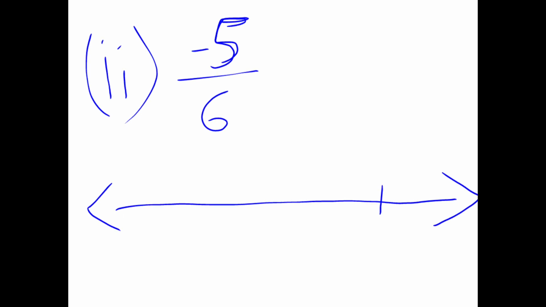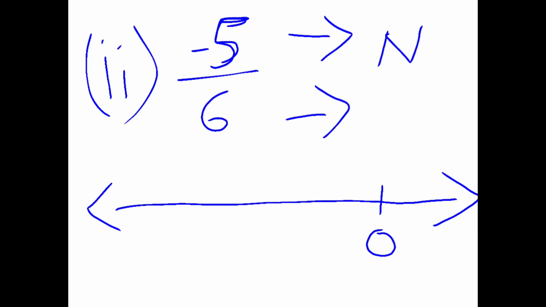So here I will mark 0. Here numerator is 5. Leave the sign. Sign will help you only to decide whether you should mark this on right side or left side. So minus means you have to mark this on the left side.